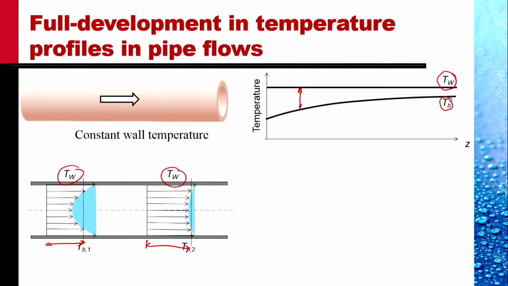But there must be something that is constant, something that is invariant with Z. And what is that? We discover that it is the normalized temperature difference, theta star, which is the temperature difference, T minus TW, divided by TB minus TW.